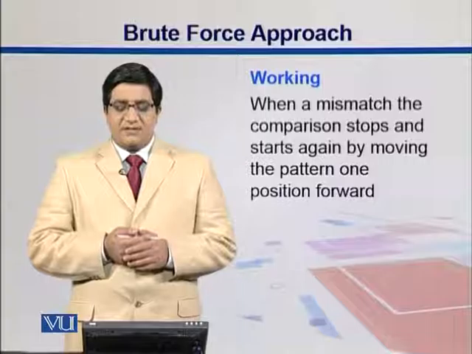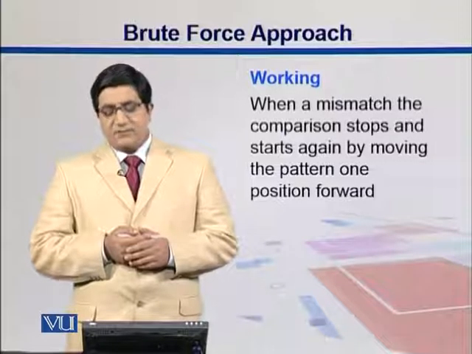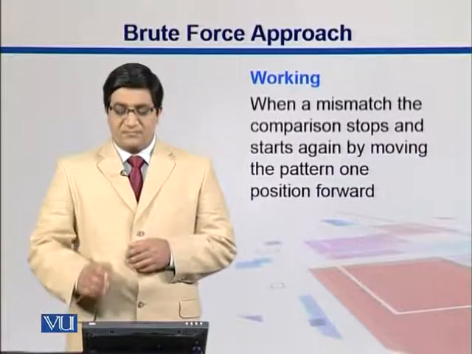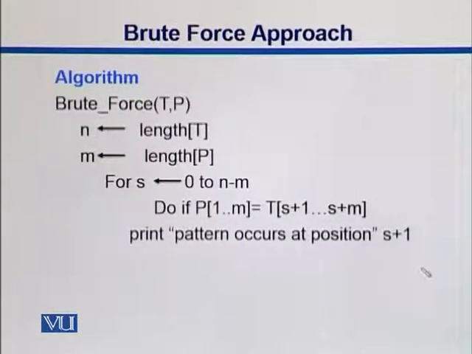When a mismatch occurs, a comparison stops and starts again by moving the pattern exactly one position forward. So here is our algorithm. We have a function brute force with 2 arguments, t, which is our text, and p, which is the pattern. n records the length of t, and m records the length of p, and we start with a for loop that goes from 0 to n minus m.